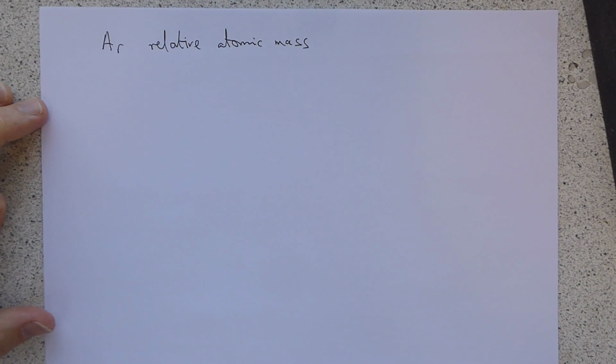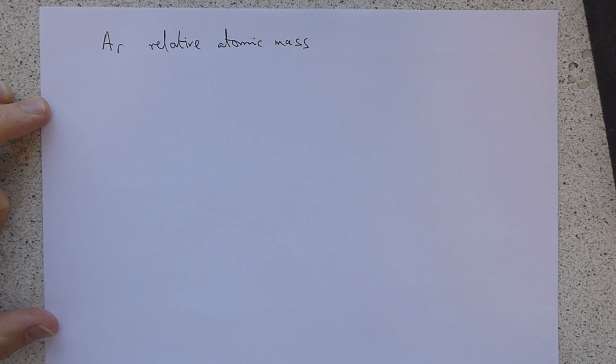Now, some people often ask, what's the difference between relative atomic mass and mass number? The mass number is always exactly a whole number, because mass number is the number of protons and neutrons in an atom. But relative atomic mass is effectively an average of these, because, of course, elements can exist as different isotopes.